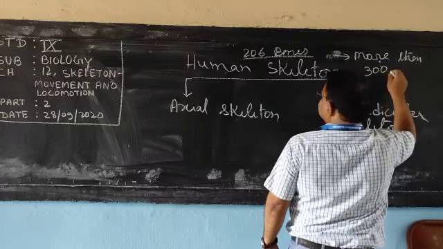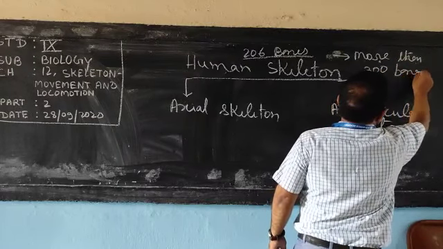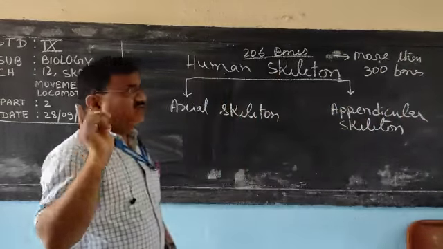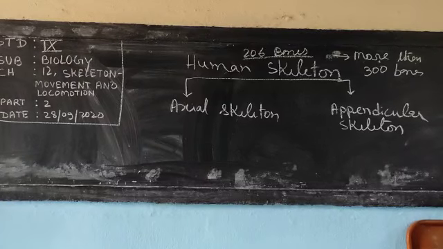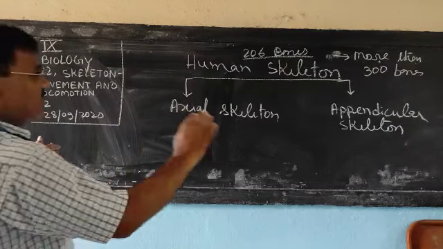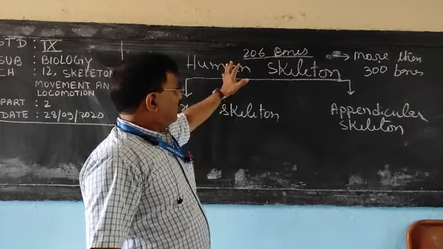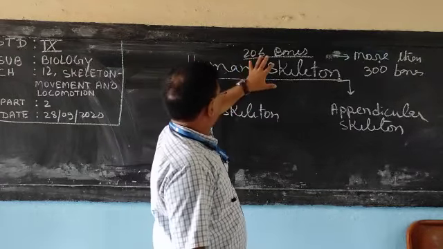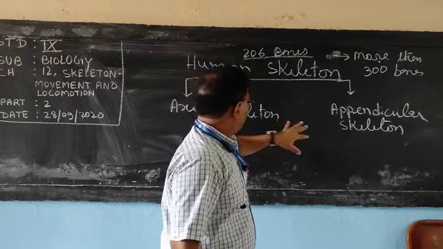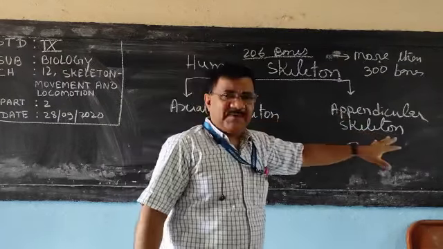Some bones fuse together to form a single bone. Now, these 206 bones are classified into the groups axial and appendicular.